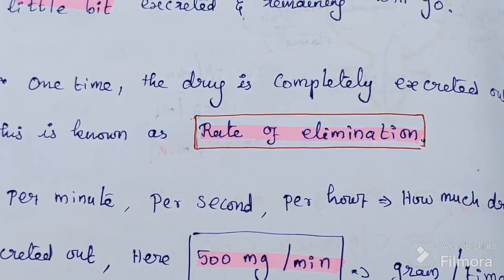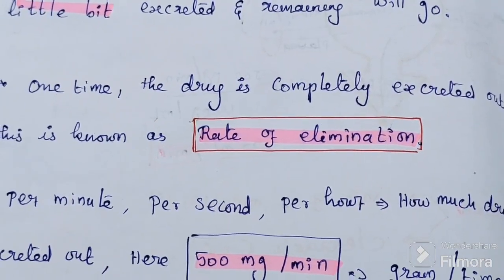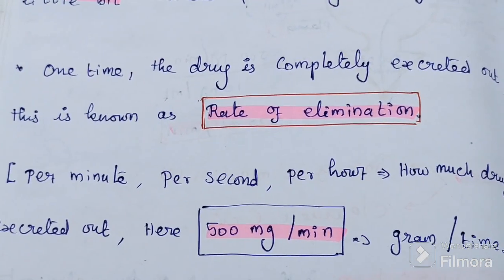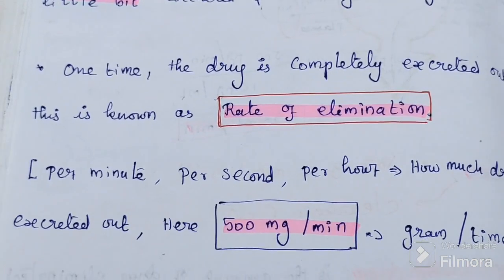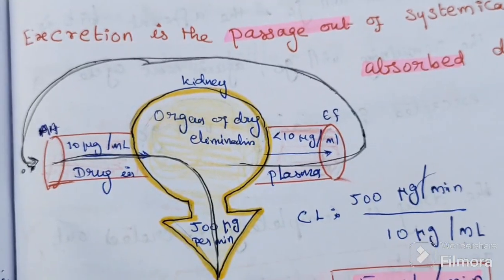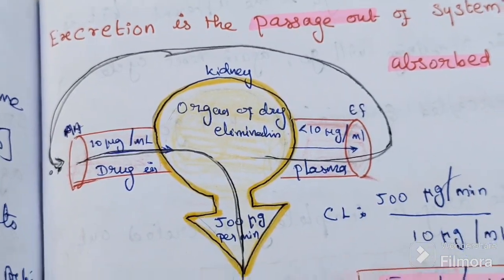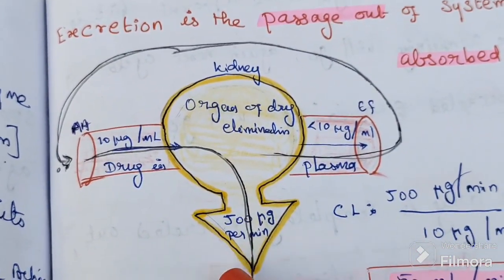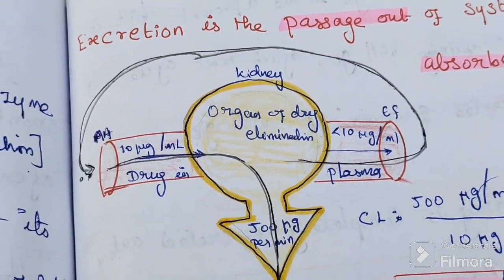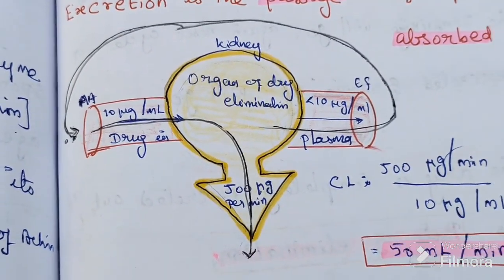But in some drugs, only a little bit is excreted every cycle, so multiple cycles are required, and it takes long to get excreted out.